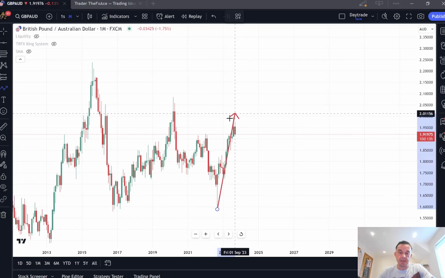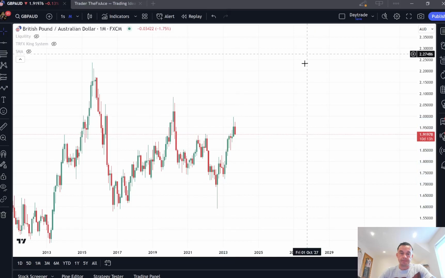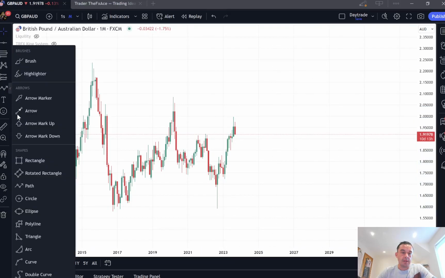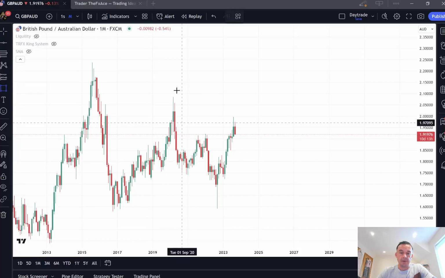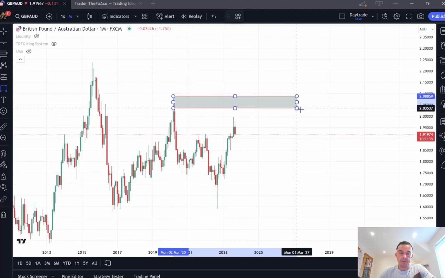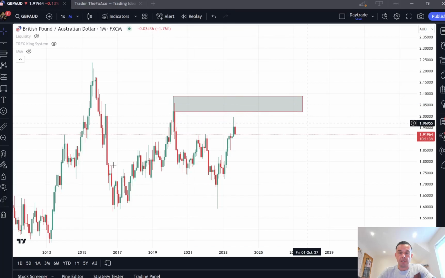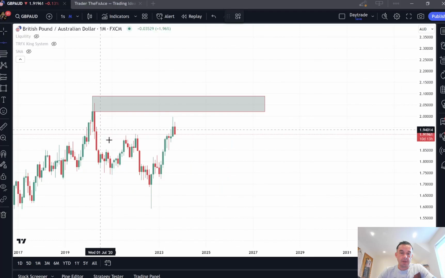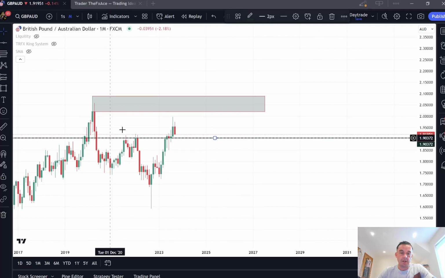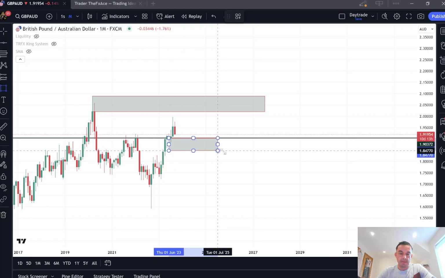moving up here in this monthly trend up, and we have a sell zone up here that it does look like the market will target, and then we have support here at the closes and these highs, but this is also a monthly buy level.